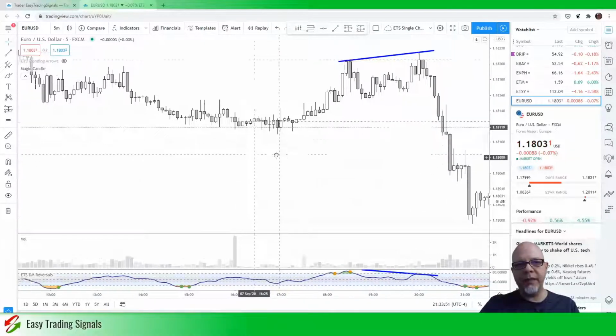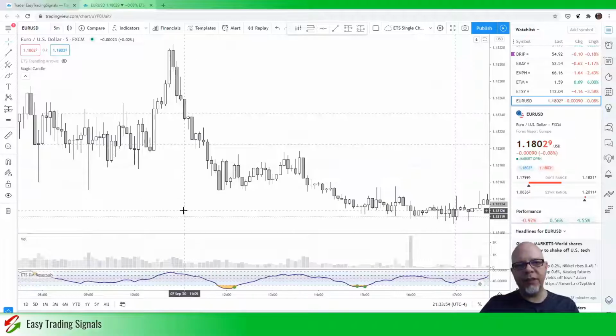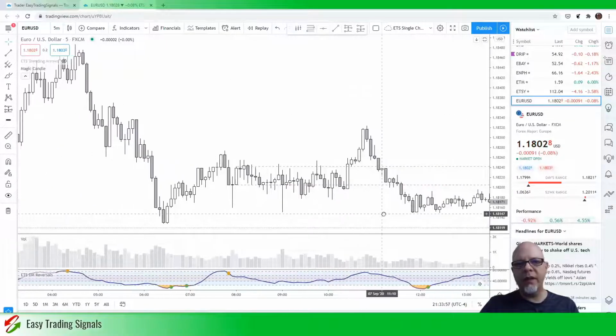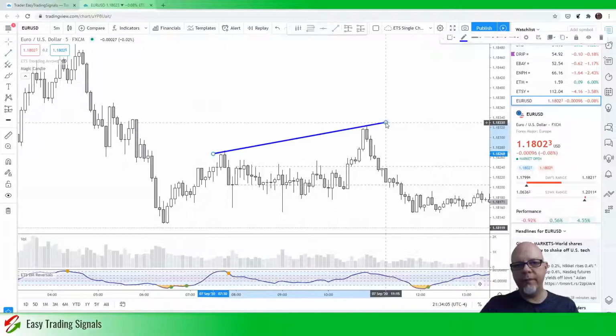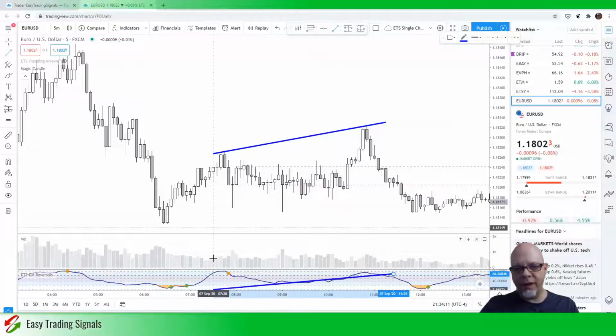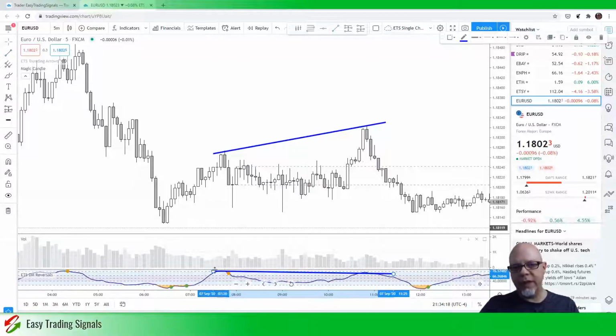But to me, one of the best ways to actually identify when the market is really going to turn is when you have new highs in the market, but you have a lower high for the indicator, as you do here as well. So here you can see the same thing. We have higher highs. So first look at the market, right? You don't look here.